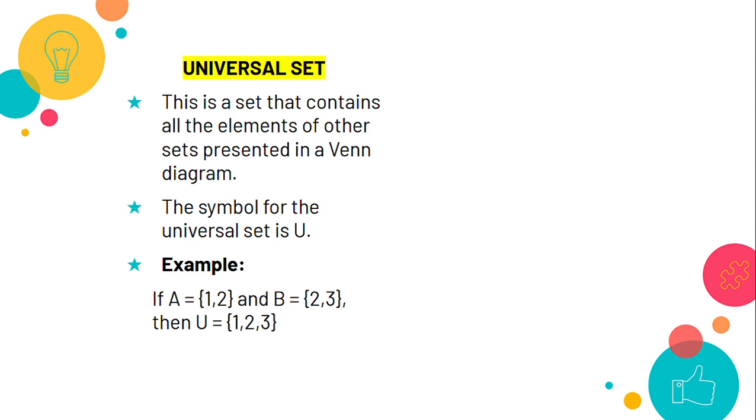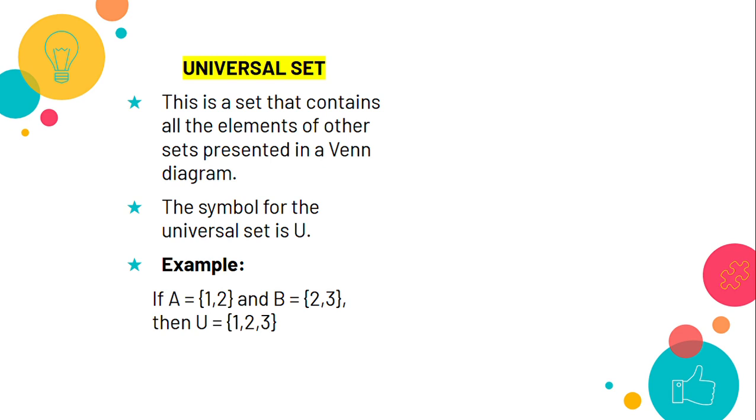So the universal set, as you can see, contains all the elements that we needed to create sets A and B. Of course, there could be other definitions of universal sets that get much bigger. So we could have, for instance, the first 5 whole numbers or the first 5 counting numbers. We could define the universal set in several ways, but this is simply the smallest possible universal set for those two sets there.